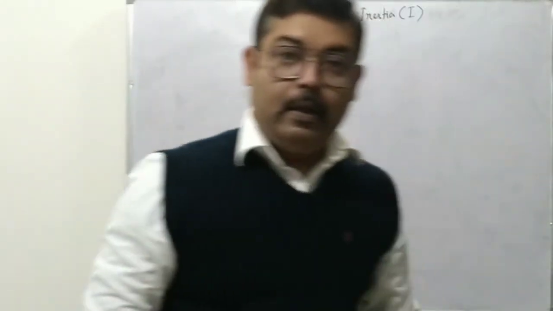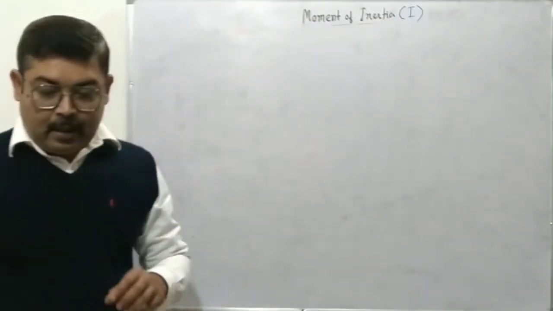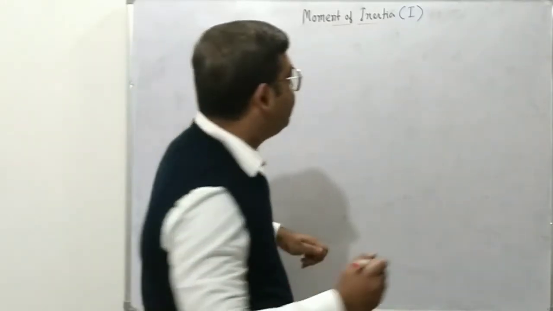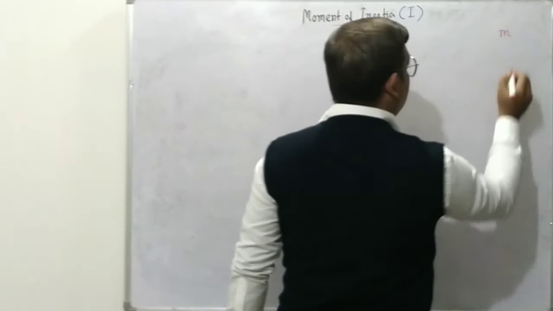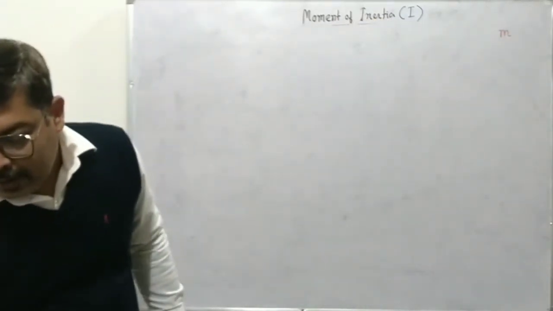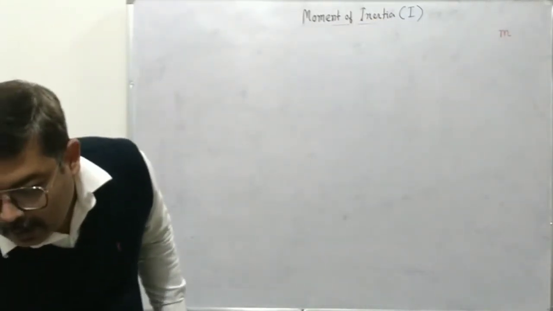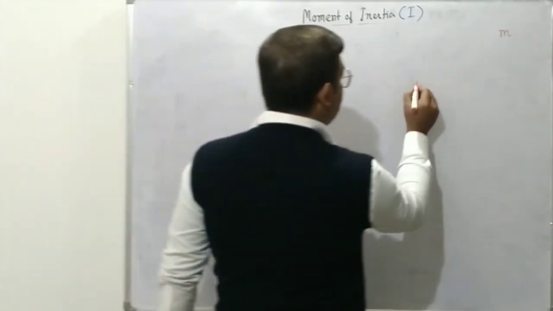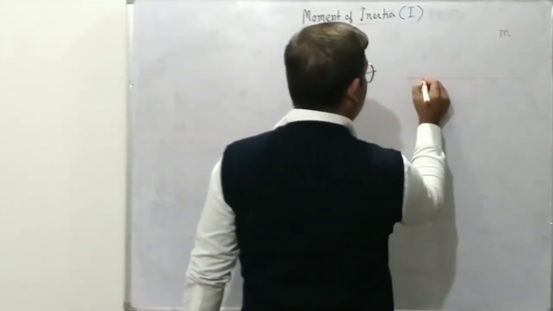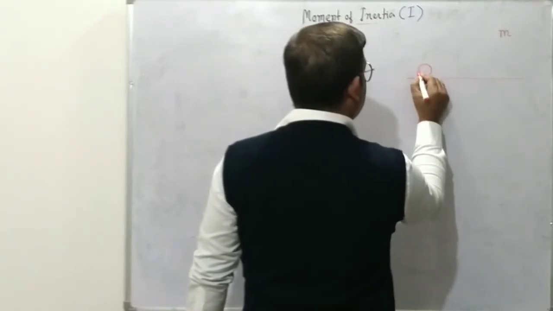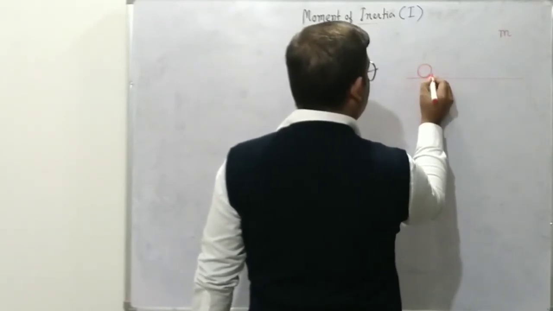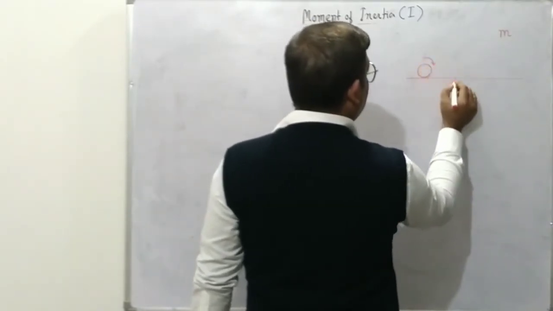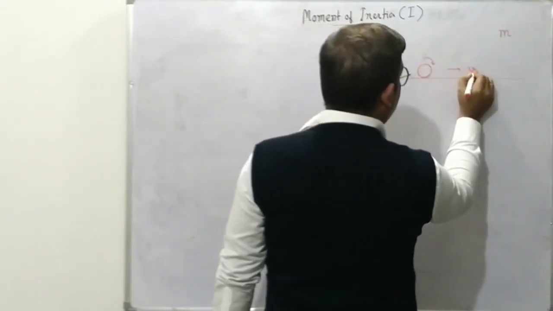Okay, the next problem, it states that a uniform circular disc of mass m, small m, is set rolling on a smooth horizontal table with uniform linear velocity v. So we have a smooth horizontal table and there is a disc of mass m, and it's set rolling with a velocity v.